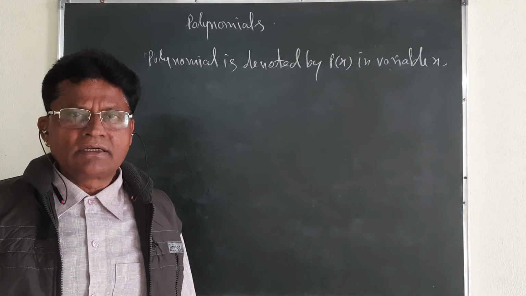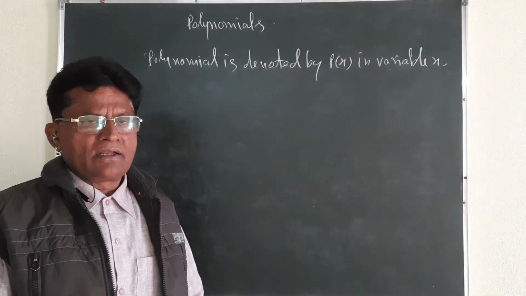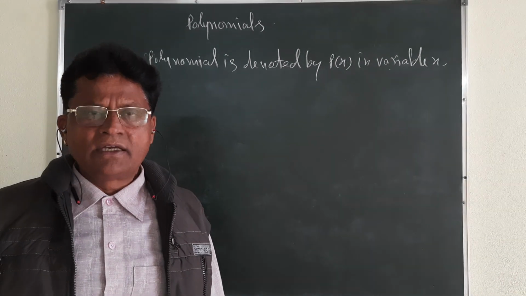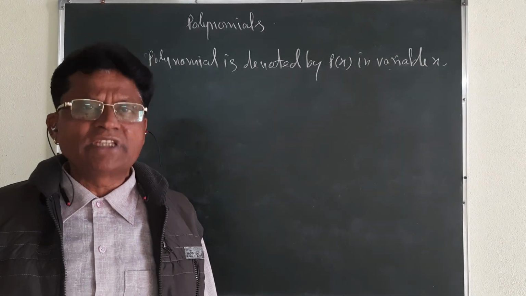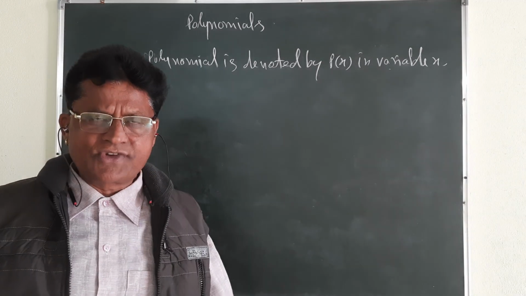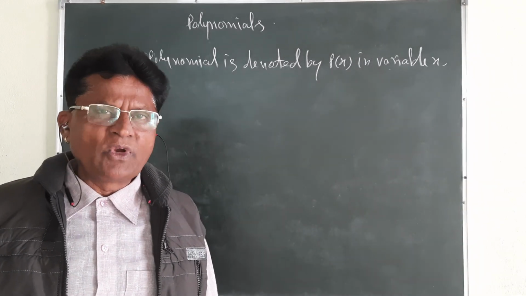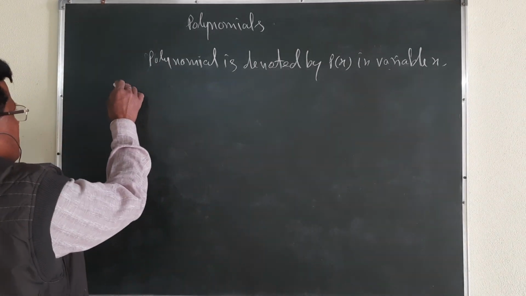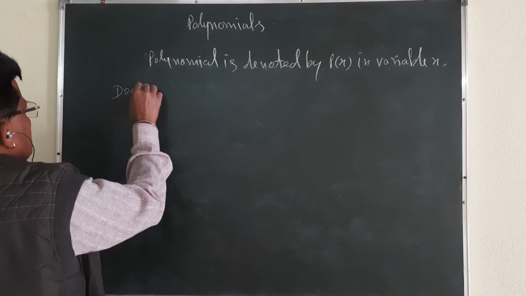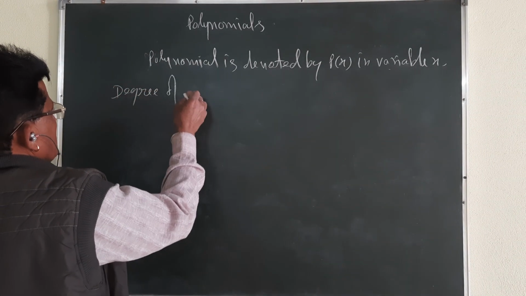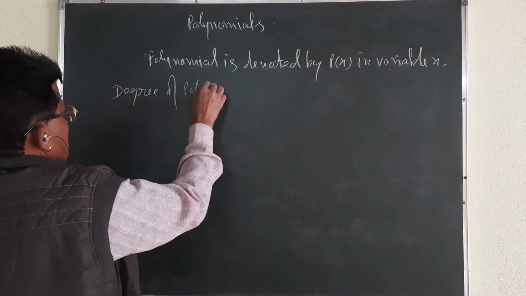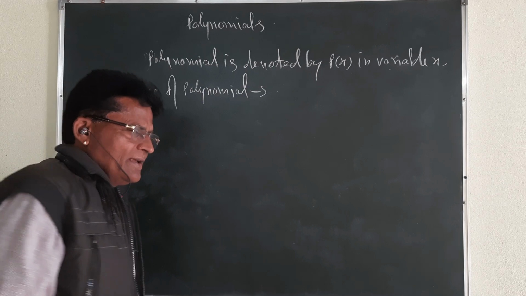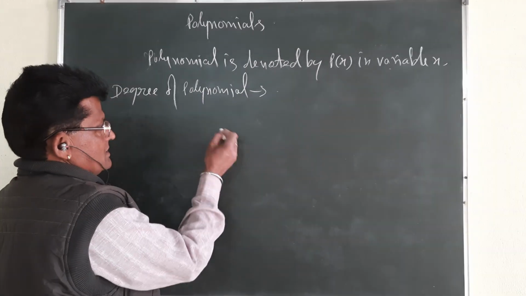First of all, linear polynomial. But before starting the types of polynomial, let me take the degree of the polynomial, because it is important. Then only you will understand what type of polynomial it is. First thing, degree of polynomial. What does it mean? What is the degree? Let me take an example.